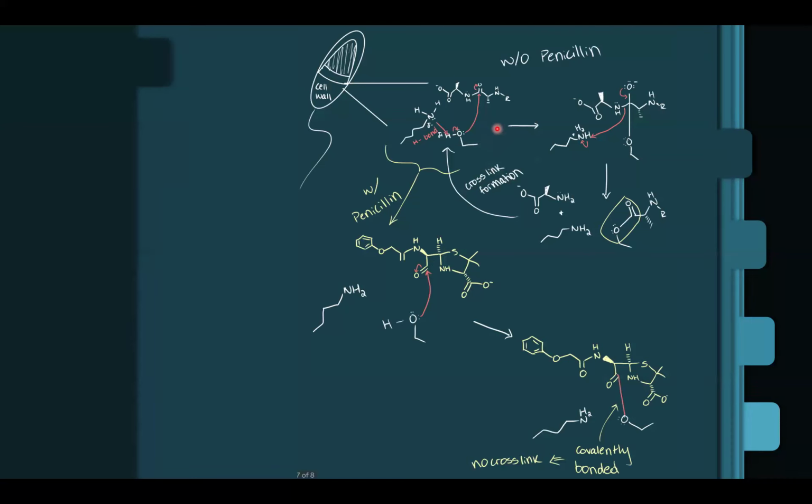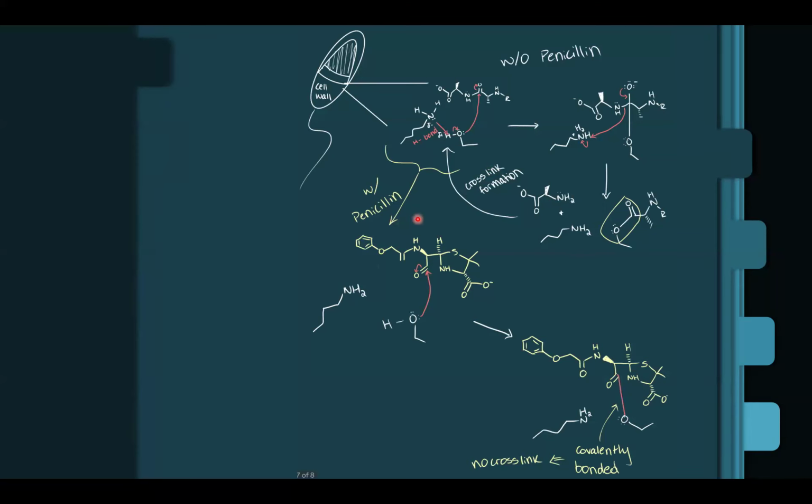So what happens is, if you go over here, you have the formation of an ester bond, which we've learned about. And if you look at this last arrow here, you can see the crosslink formation. This crosslink formation is essentially what gives the bacteria its strength in the cell wall. So when this transesterification is broken and the lysine and the serine reform, that means that the crosslink formation has occurred.